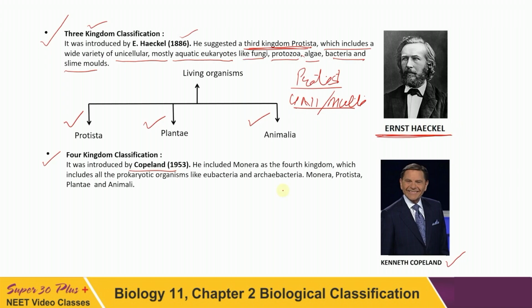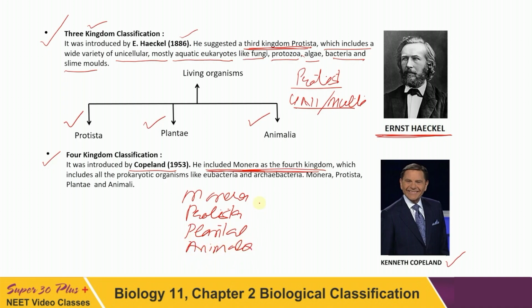Copeland classified organisms into four kingdoms. He included Monera as the fourth kingdom. So the kingdoms are Monera, Protista, Plantae and Animalia.